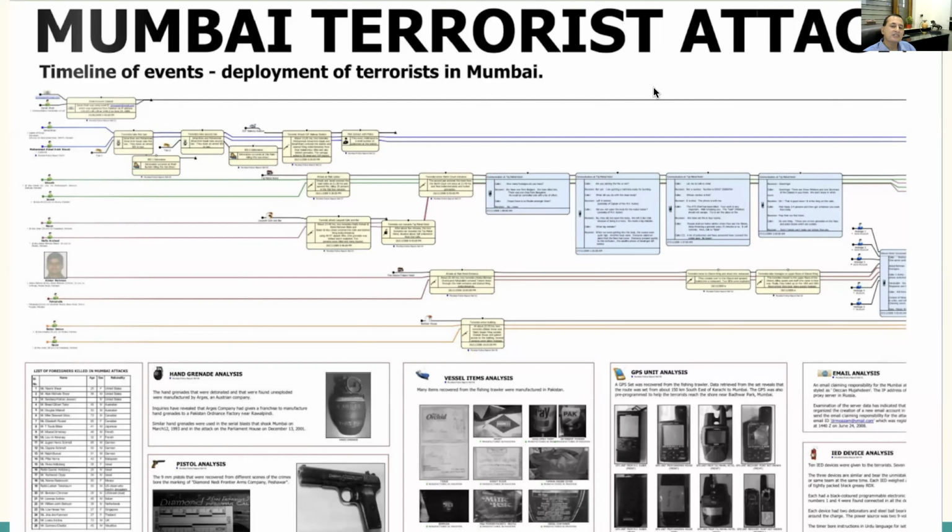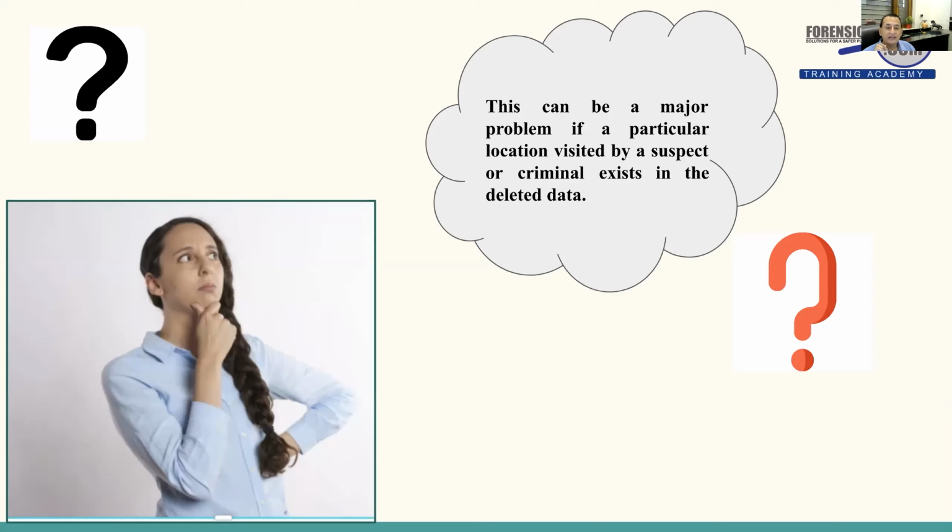Now, if we need to figure out whether a person visited a particular location, that data may exist in the visible data, but it could also exist in the deleted data, because normally which criminal wants to be caught? No one. There is not a single criminal, except in the movies or in the series, where the criminals say, yes, please come and catch me. Catch me if you can. Forget it.